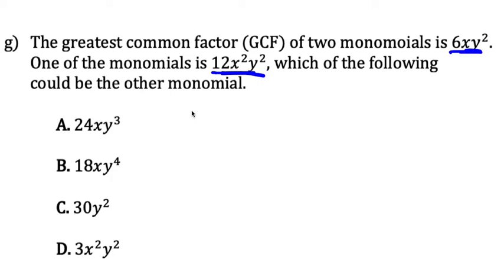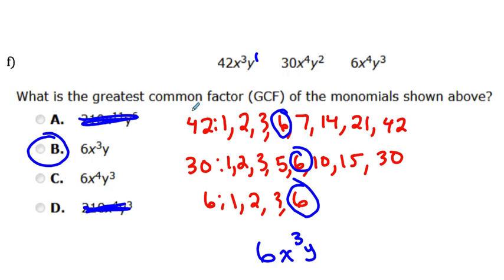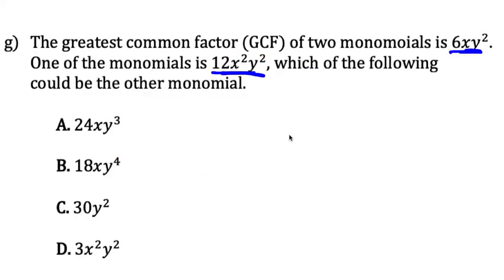We're going backwards here. In F we were given 3 monomials and asked for the answer. In this one, we're given the answer, 6xy squared, and asked to find the other monomial. These are the type of questions you're asked on Keystone tests and other standardized tests, so we want to make sure we understand what's going on here.